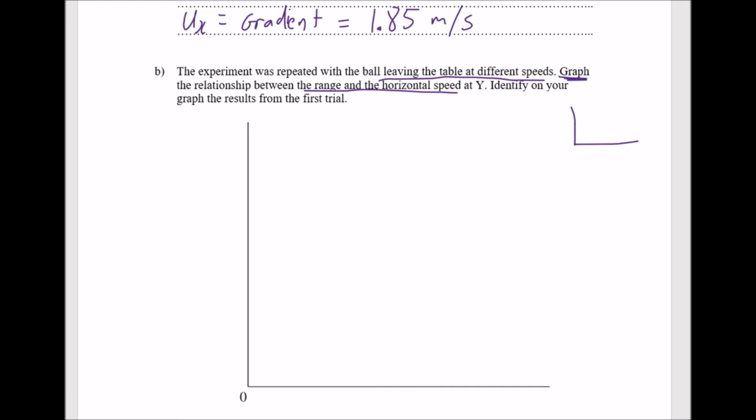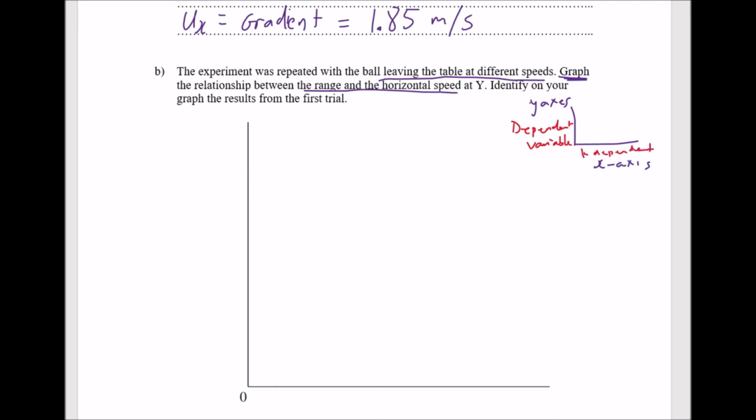If I just redraw the graph here, that's our y-axis, that's our x-axis. Anything that you are measuring will be the dependent variable. So the y-axis is where you put the dependent variable. The independent will go on the x-axis.